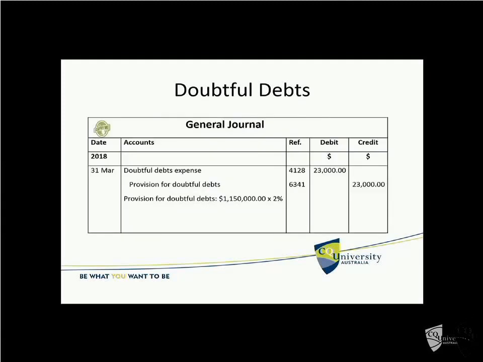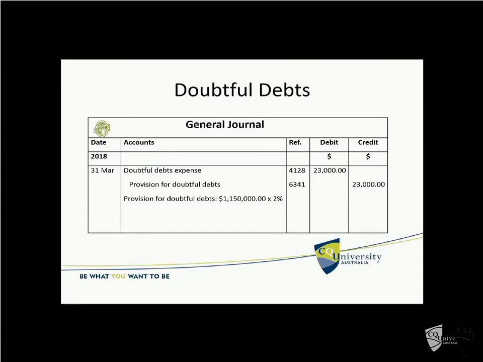So, doubtful debts expense. In this case, I said we'll increase doubtful debts expense by $23,000. We've looked at everything, and say there's $1.15 million of accounts receivable, or whatever amount. We've said 2% of that we think could be doubtful as a general estimate, so $23,000, and we've increased the provision for doubtful debts by $23,000. So we've debited doubtful debts expense because we're increasing the expense, and we've credited the provision for doubtful debts.